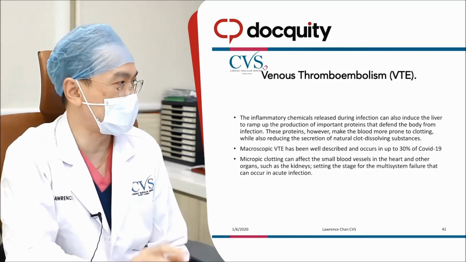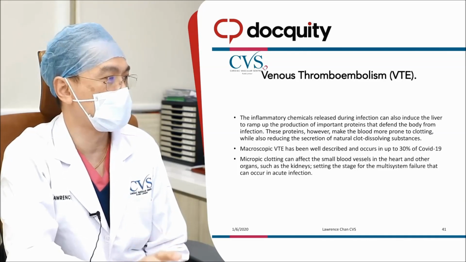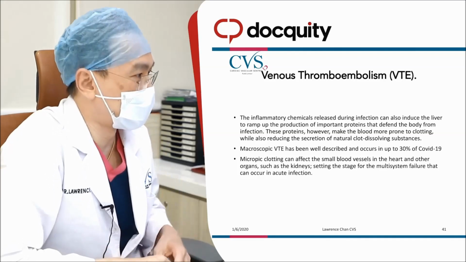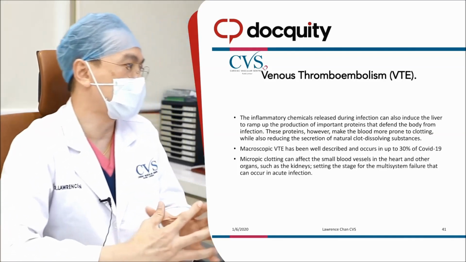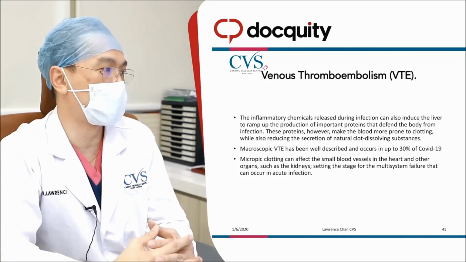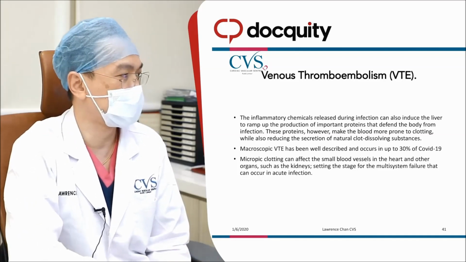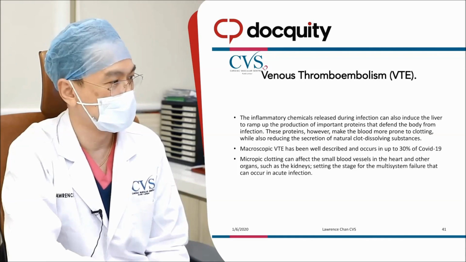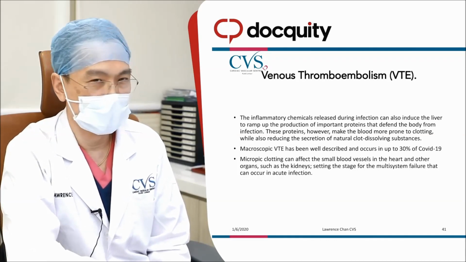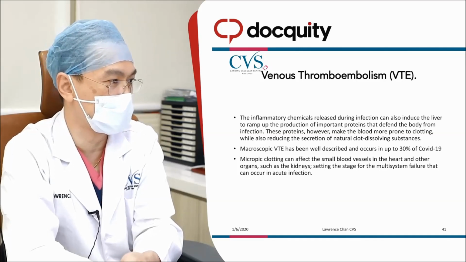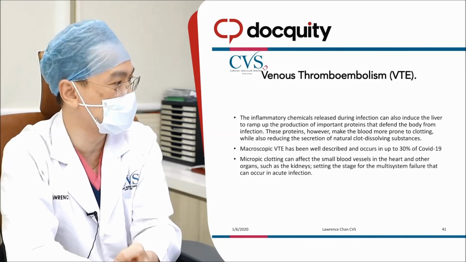This can also induce the liver to ramp up the production of important proteins to try to defend the body from infection. However, these proteins will make the blood more prone to clotting, while also reducing the secretion of natural clot-dissolving substances. So macroscopic VTE, venous thromboembolism, has been well described and occurs in up to 30% of COVID cases.